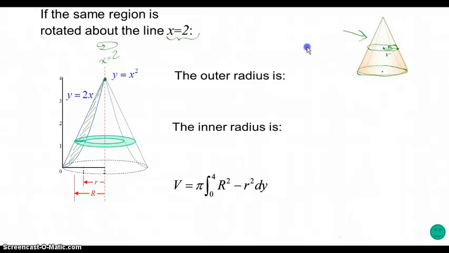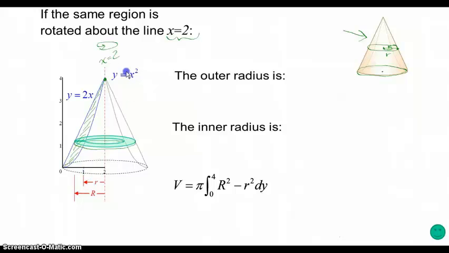So hopefully you get an idea of what the three-dimensional solid would look like. Here, one cross section has already been drawn for us. I'll put some thickness on it so we can see that we're dealing with a washer and not just concentric circles there. So here's what it looks like.